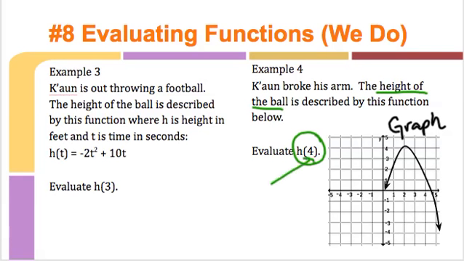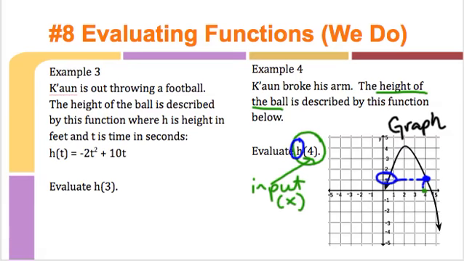So again, I want to look at my input, which I know is my x. So I'm going to look at 4, which is right here. And then I'm going to go up so I can find where it's at. Here it is. That's where it intersects the curve of the graph. So I know my y value, or in this case my h value, is 1.